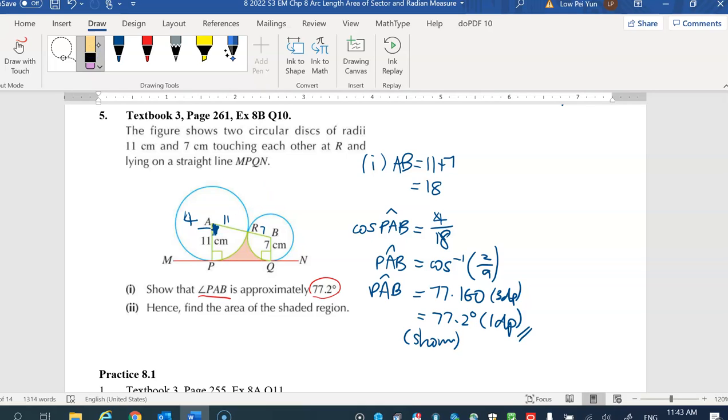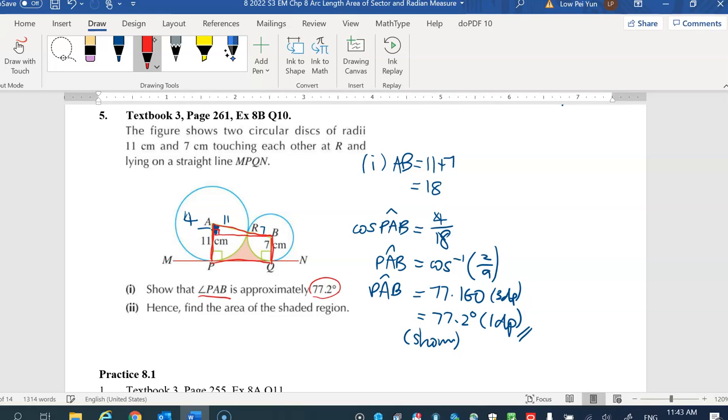Alright, area of the shaded region, as I can see, this is actually a big shape of the trapezium. Can you see the trapezium? Trapezium, parallel lines 11 and 7, and this height PQ, which I need to find using Pythagoras Theorem.